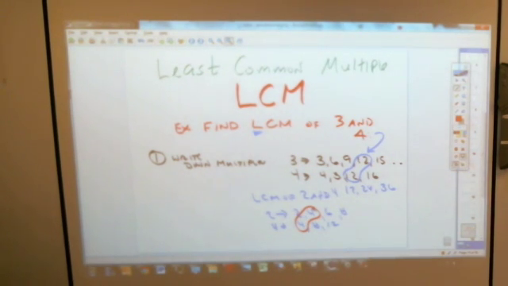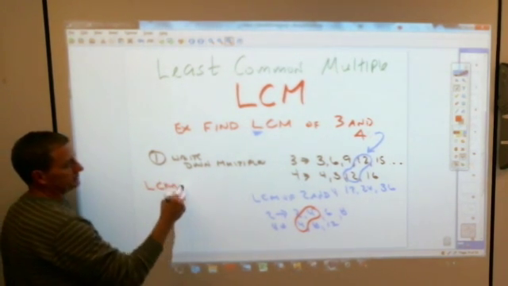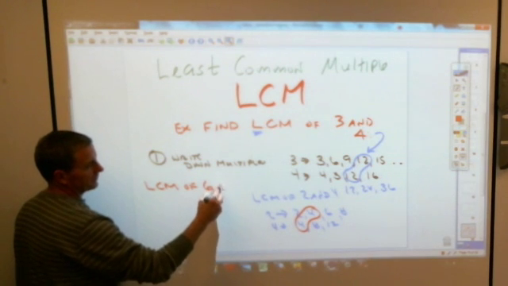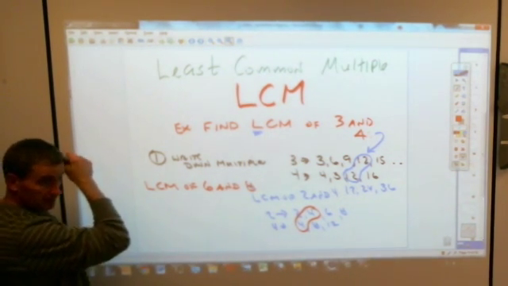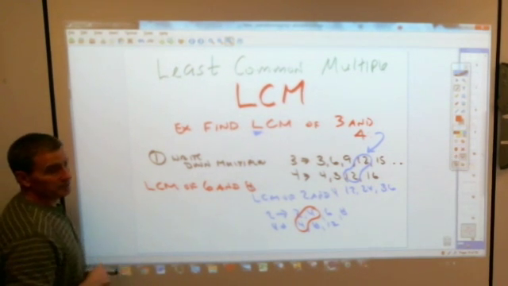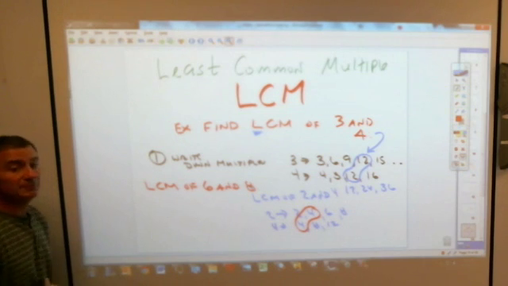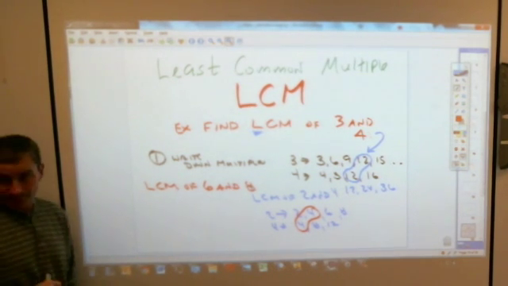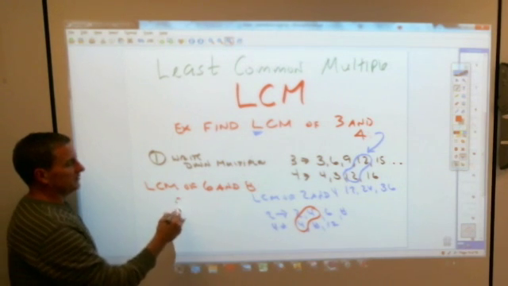Let's see, another example, something they might ask you: how about the least common multiple of 6 and 8? What would be the least common multiple of 6 and 8? Now 6 times 8 is 48. That is a multiple, but it will not be the smallest multiple. If you don't know, make sure you sit down and draw it out.